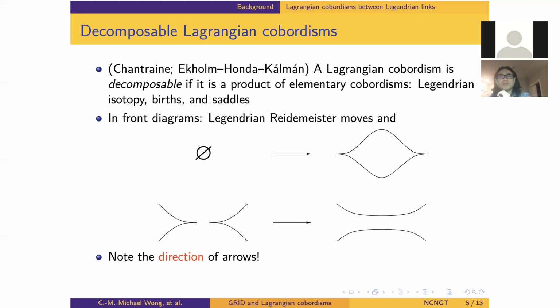You cannot go from the right-hand side to the left-hand side. For example, if you try to write down the model of an elementary Lagrangian death, you cannot do it because you realize it is not Lagrangian. So in particular, there's no elementary Lagrangian death. So a decomposable cobordism is exactly one that you get by composing these.